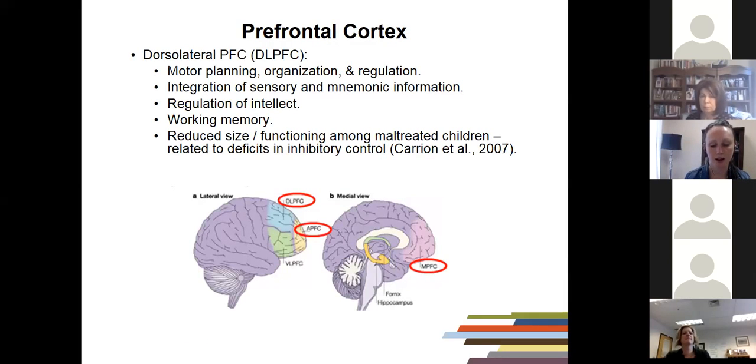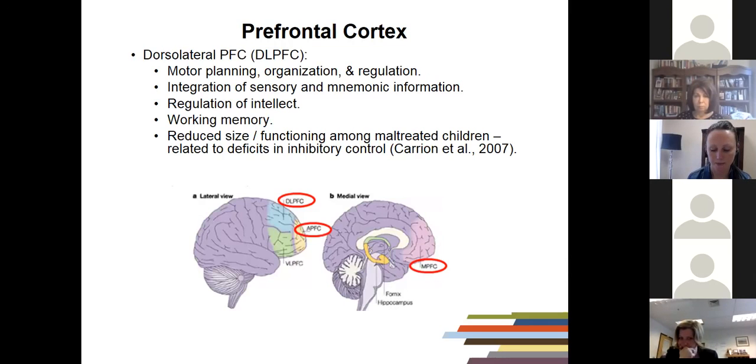Okay, some other challenges that we see among kids who've experienced maltreatment and trauma is in what's called the dorsolateral prefrontal cortex, which is just a subdivision of the prefrontal cortex. The terminology isn't really important, but this part of the prefrontal cortex is really critical for planning, organization, being able to regulate your body, and being able to take in sensory information from the environment and integrate it with other information, and also in working memory.